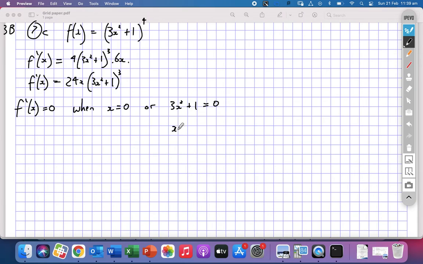Let's just go through the algebra. You'll get minus 1 from both sides. Then you have to divide by 3. You'll get x equaling plus or minus the square root of a negative number, no solution, right? But that's okay. There's just one stationary point. It's a quartic.